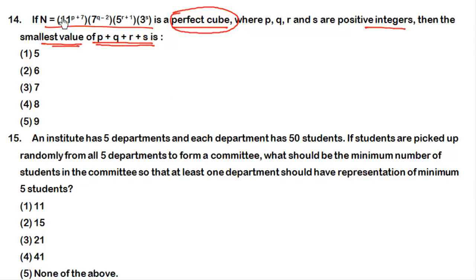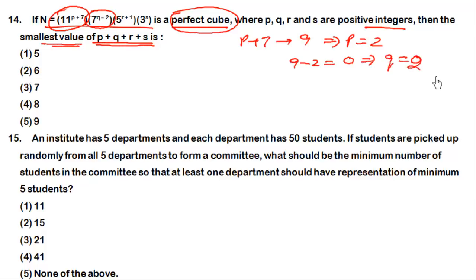Just to ensure that this first part is a perfect cube, definitely p plus 7 has to be a perfect cube, right? Or wherein we can say that for p plus 7, the nearest perfect cube is 9. So the corresponding value of p would be 2. Similarly, in the second case, we can take q minus 2 to be equal to 0, right? Because 0 is also a perfect cube. So therein we can say that the value of q can be taken as 2.